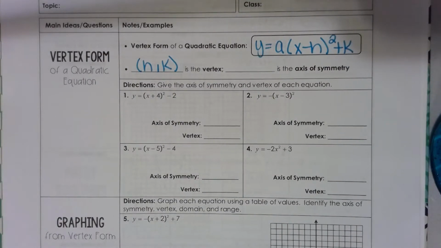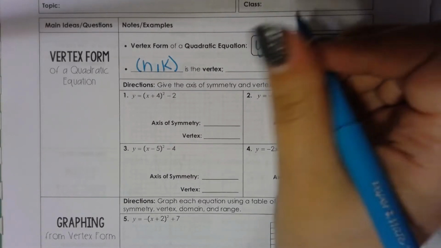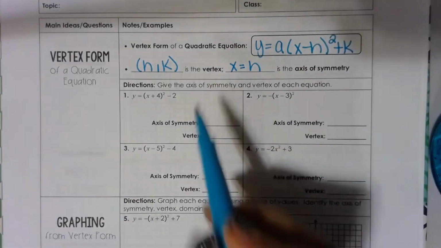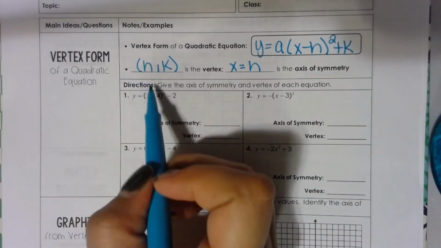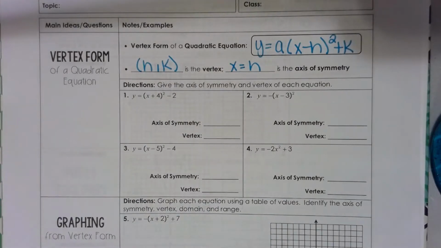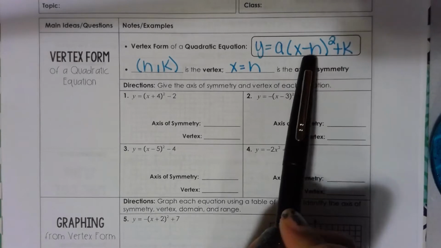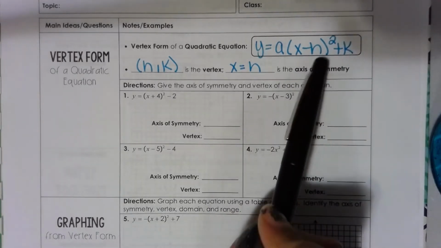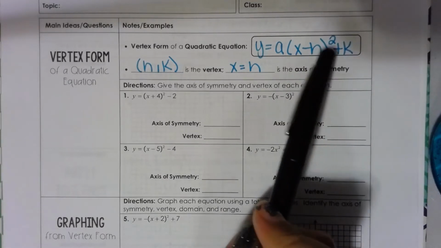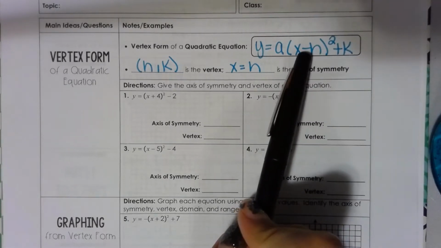And then your axis of symmetry is going to be h, because remember your axis of symmetry is the x line. It's a little bit confusing right here, but let's look at some examples to get it a little better. So if you notice, since your equation already has a negative h in here, if it's subtraction inside, then your h is positive. If it has a positive addition inside of the parentheses, then your h is going to be negative.